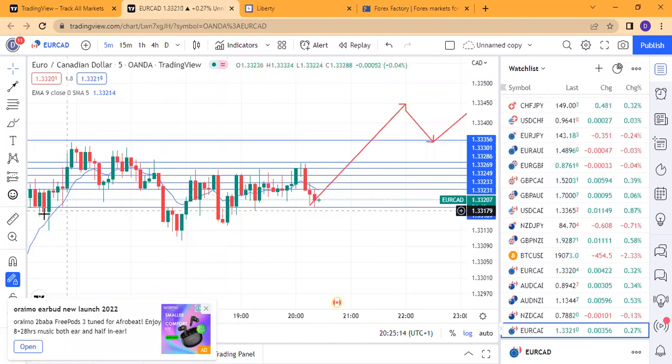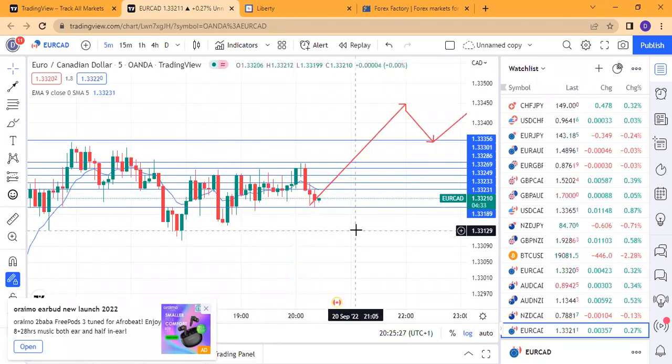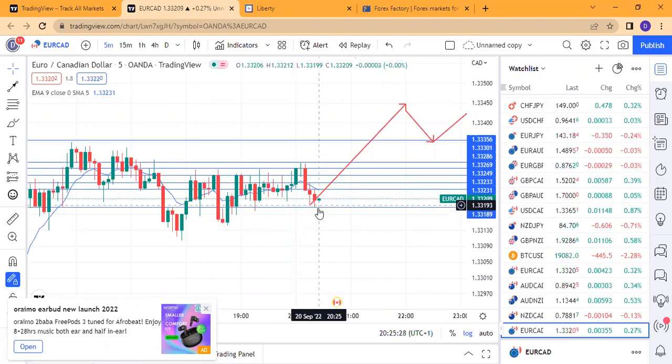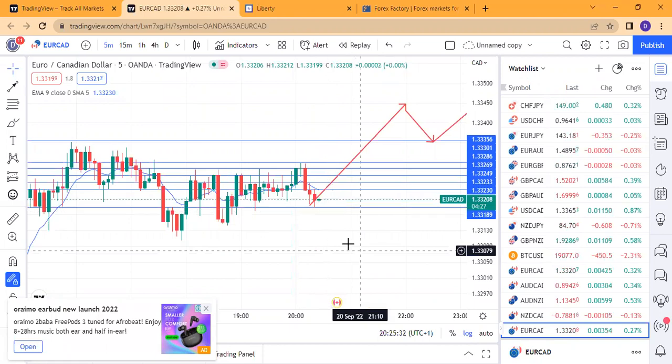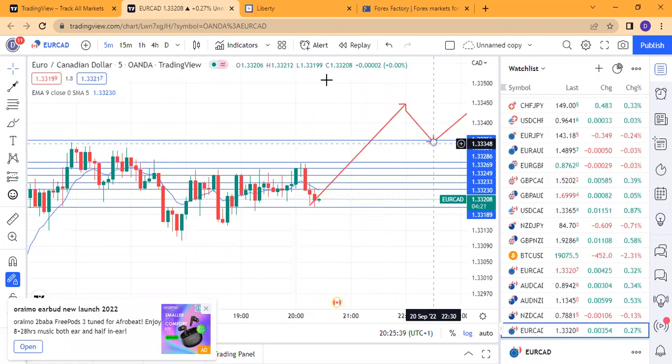This thing has happened 1, 2, 3, 4, 5, 6 times. So why should I want to even take it at this 7th one? Just simply wait for the market to break to the upside, come back, retest it, and continue its way up.